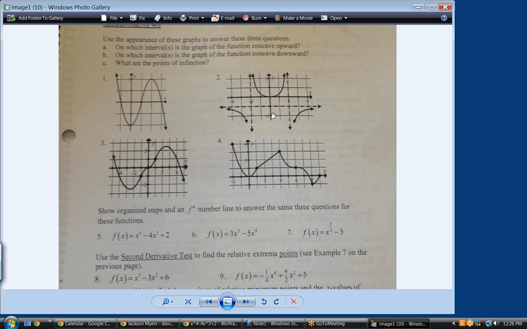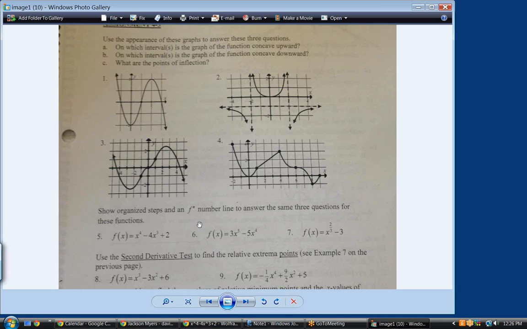There's no real inflection point. I wonder what would happen if you had that function and you took the second derivative. The second derivative is probably not going to be defined. Yeah, well, even the first derivative isn't going to be defined here because you can't take the derivative. Even the function isn't defined there.